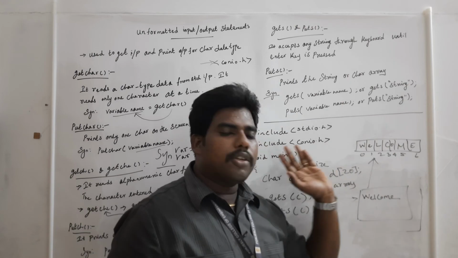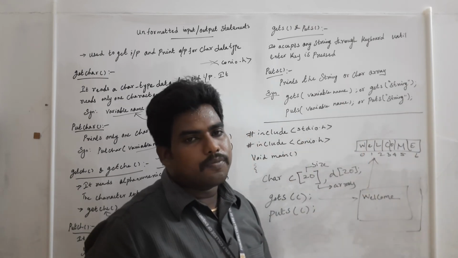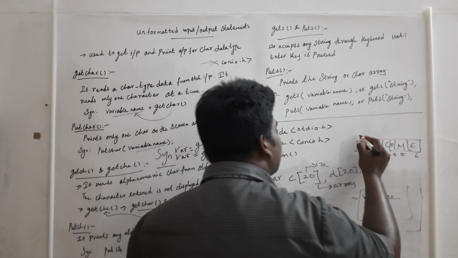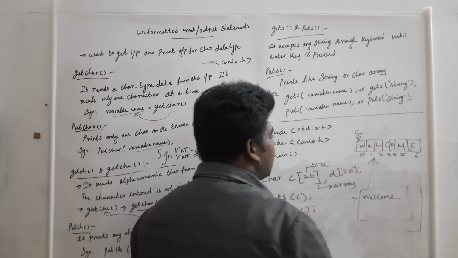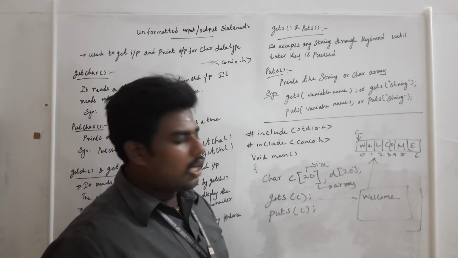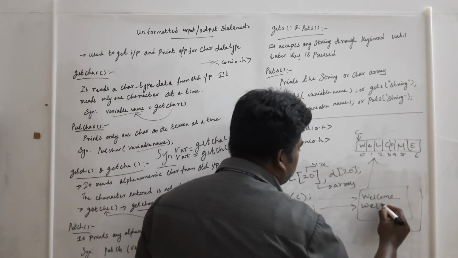Starting from 0, it will go continuously. Each cell has 1 byte. This we say is an index, and it's stored under the variable name c. Inside the c, the whole collection will be stored. All of you got it? So puts of c means you will get the output welcome.